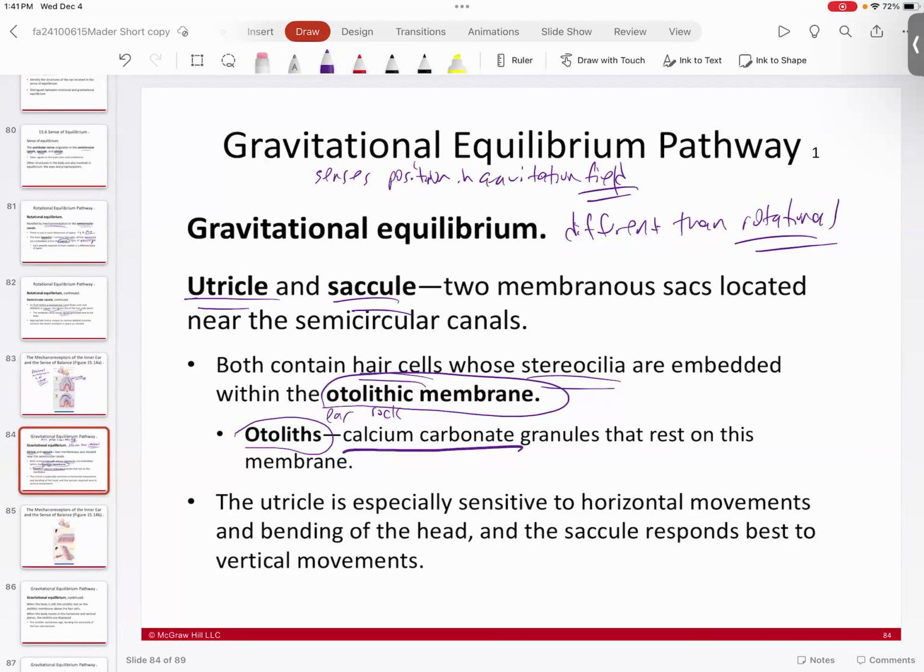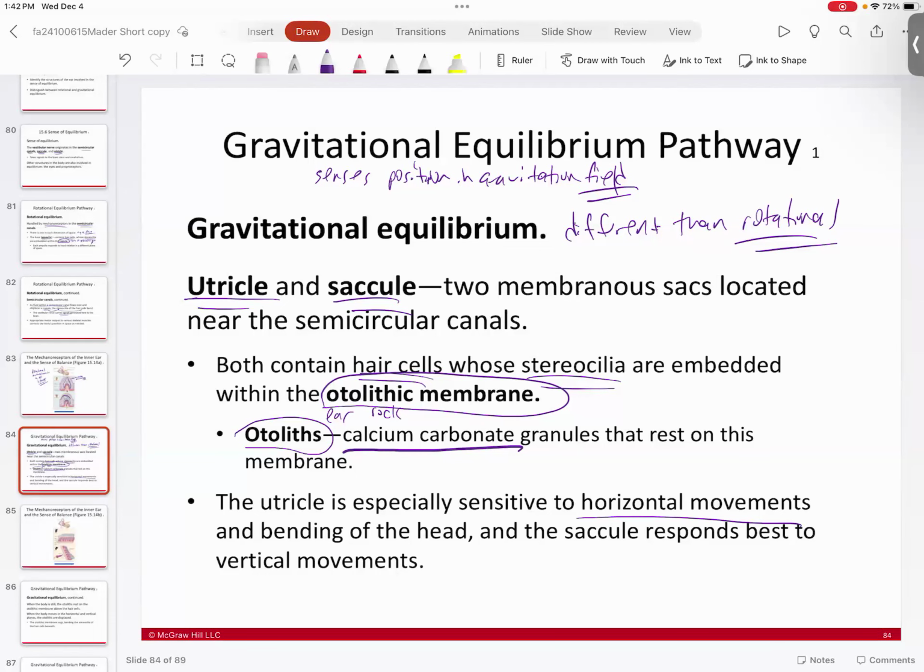Now, the reason for this is because rocks have gravitational force, don't they? Gravity can act on mass, and so you can feel that mass moving. These are sensitive to horizontal movements, for instance, bending of the head downward, right? So ultimately, you have different perceptions.